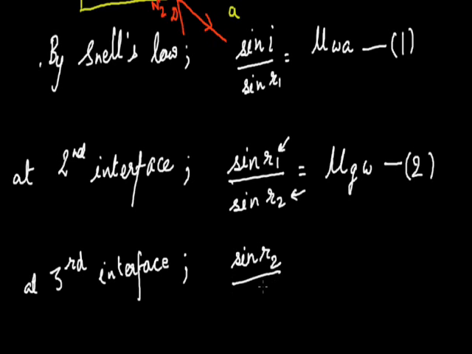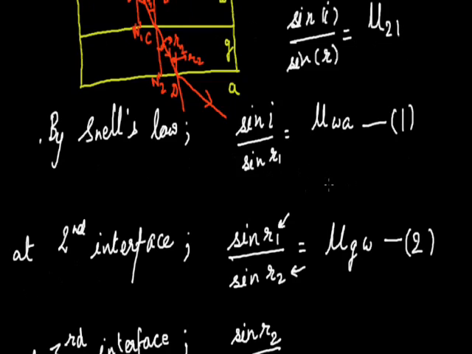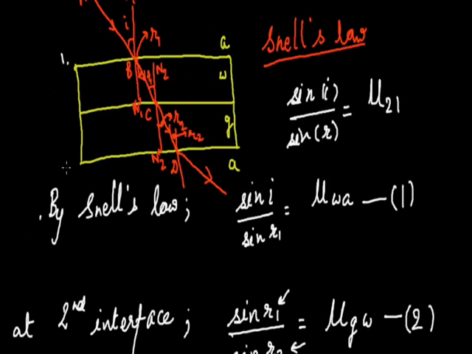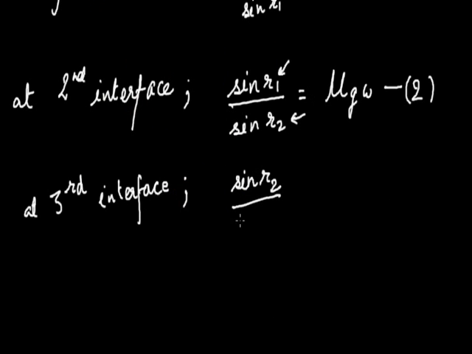Let the ray which emerges out of the glass medium be DE, and let the angle of emergence be E. Sine R2 is for the incidence angle of the third interface, and sine of the emergent angle E is the angle of refraction for the third interface.